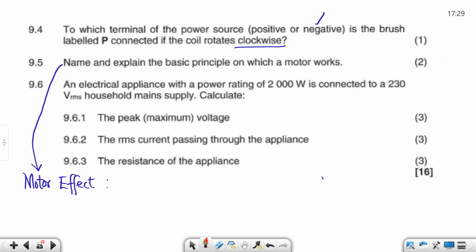Just explain the basic principle on which the motor works. I'll just give you full, so just write, because you don't know what to mark them. Now, please understand that what comes out of the socket of the houses is called what? Root mean square. But I want us to define what is root mean square voltage.